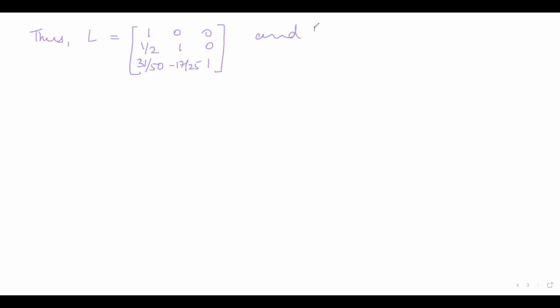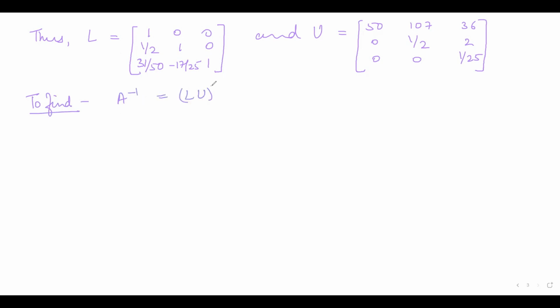And my U is U11, 50, 107, 36, half, to 1 upon 25. Now, what we need to do, we need to find A inverse. Now we know that A is equal to L into U.